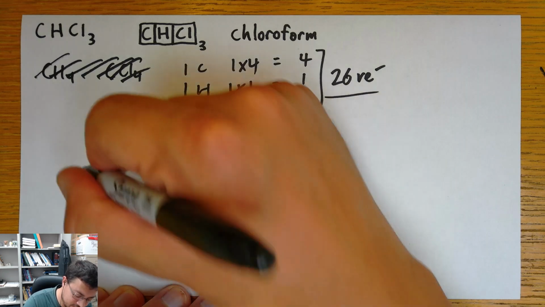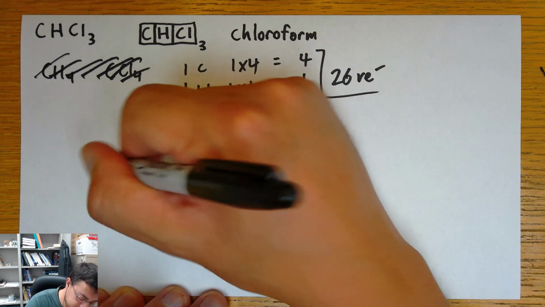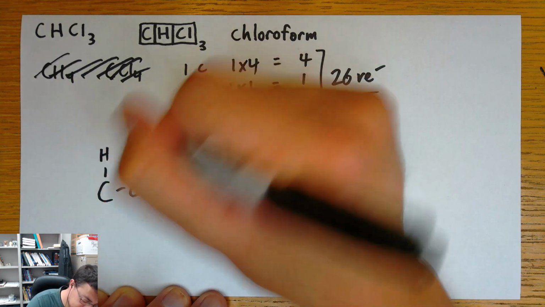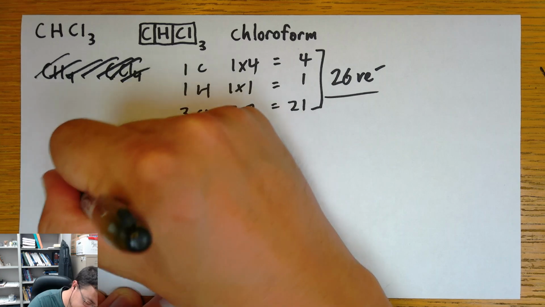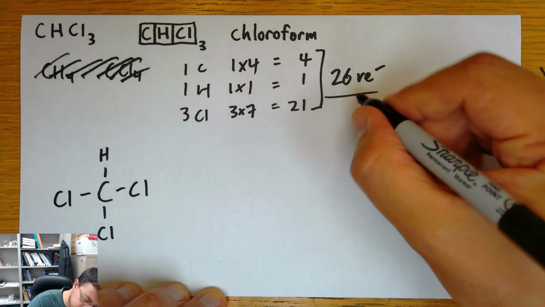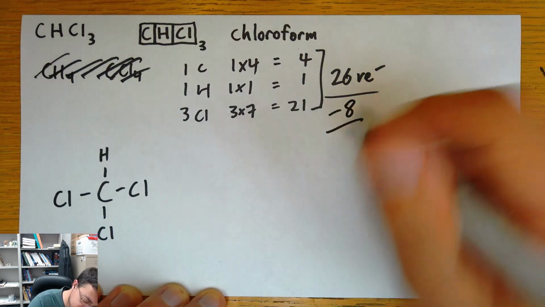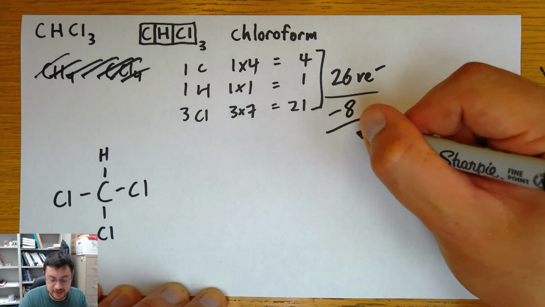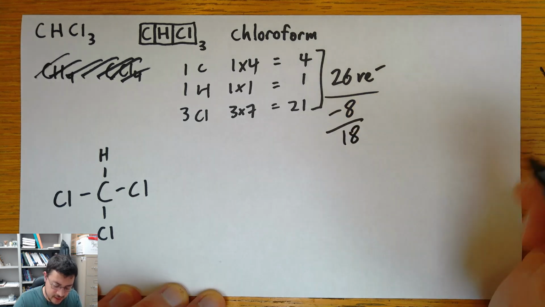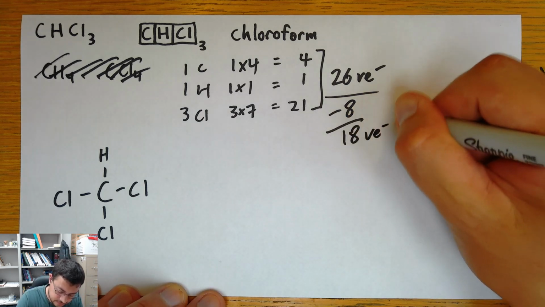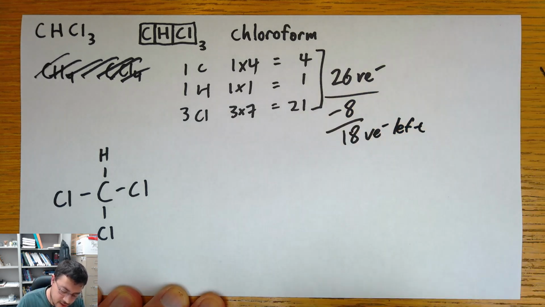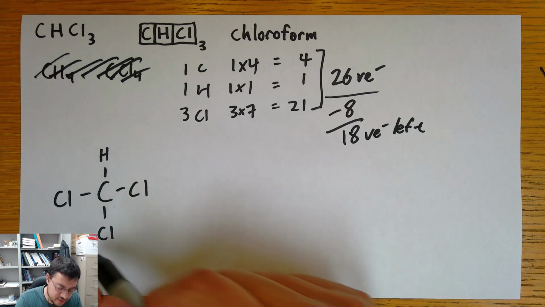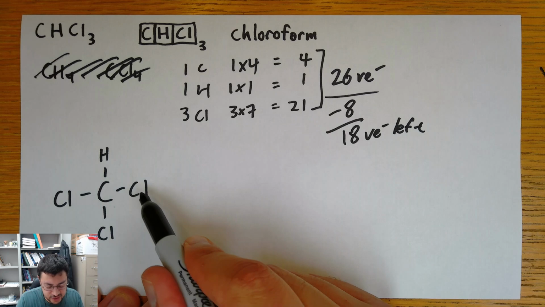Carbon in the middle, we're getting pretty used to that. Spend 2, spend another 2, spend another 2, spend another 2. 26 minus 8 from 2, 4, 6, 8. We get 18 left. All right, each chlorine needs 6 more.